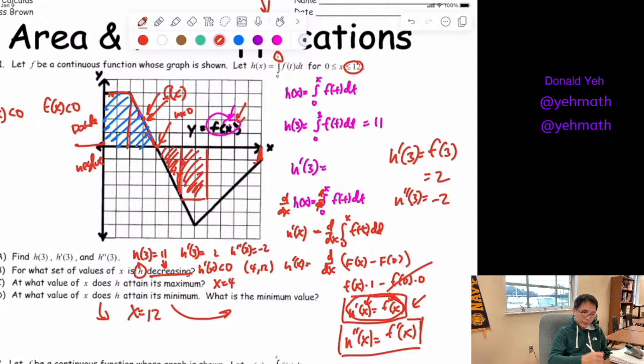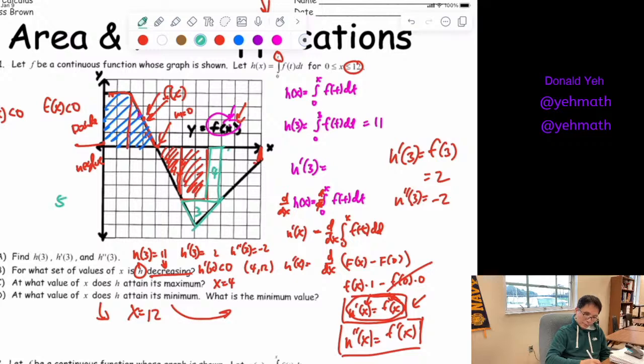So all we have to do is figure out this triangle, which is 3 times 2, and this trapezoid right here. Well, is that a trapezoid? No, that's not. That's actually 4, and this is 3, and this is a trapezoid right here. So this is 3, 4, and this is 4 plus 1 divided by 2.